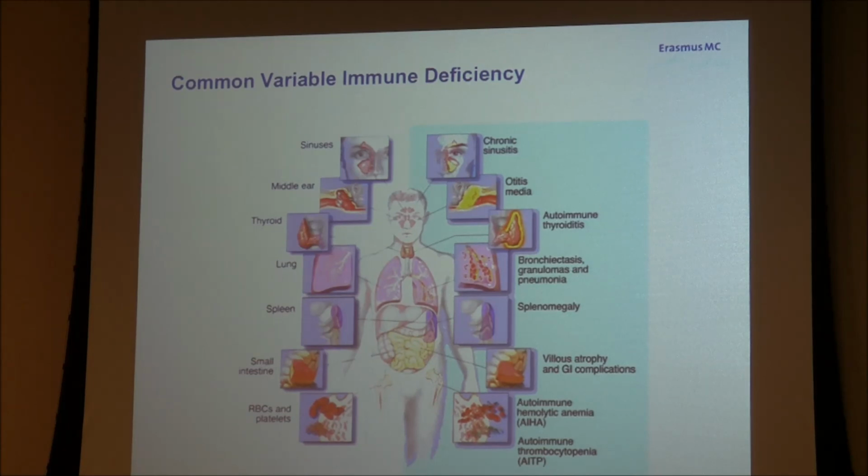Recurrent respiratory tract infections, as already mentioned numerous times, but you can imagine that recurrent respiratory tract infections lead to organ damage, for instance damage to the lungs. Common variable immunodeficiency, which is characterized by defects in B cell function or antibody production, is one of the most predominant antibody deficiencies we know at present.